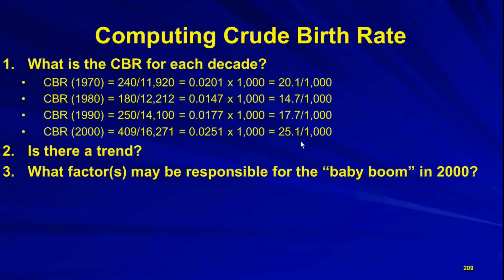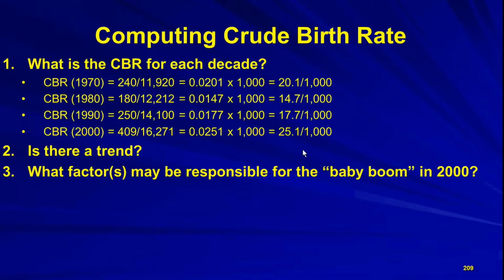So what's the trend? Well, we have many different types of trends, and there's two trends that are very common in epidemiology. They're called a J-shaped trend and a U-shaped trend, and I'll show you those here in a minute and what they mean.